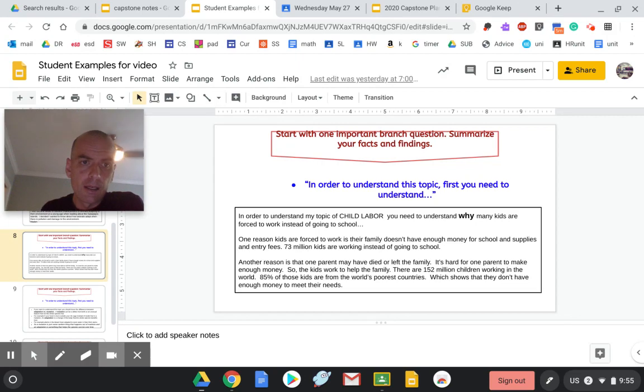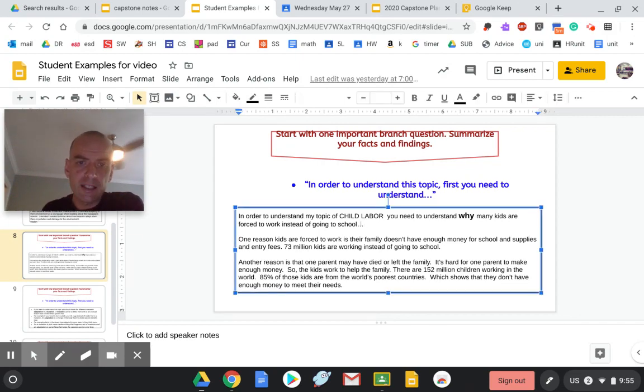So she started saying that to get this topic, you had to know why kids are forced to work. And then she clearly answered that question with two different points, and it had facts. Okay? That's what you're doing. You're setting up the question people need to understand, and then you're answering it with facts and explanation.